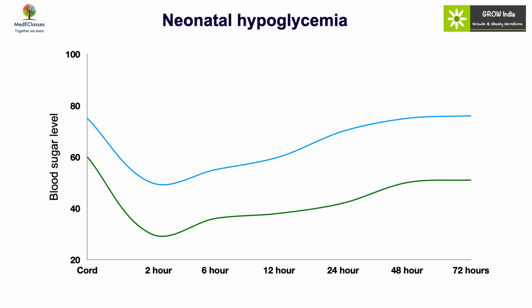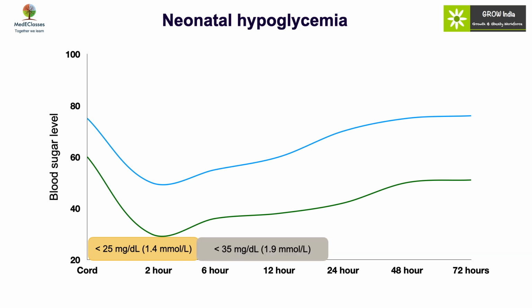So what we talk about in terms of hypoglycemia is operational thresholds. So if anybody has a low glucose and symptoms, that's very clear. But if there is an asymptomatic child whose glucose levels are less than 25 milligram per dL in the first 4 hours, less than 35 between 4 to 24 hours, less than 50 between 24 to 48 hours, and less than 60 beyond that age group, we need to do something to correct it.